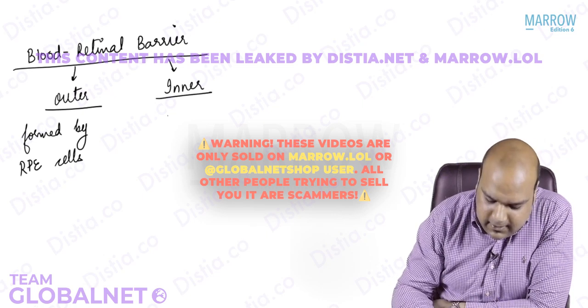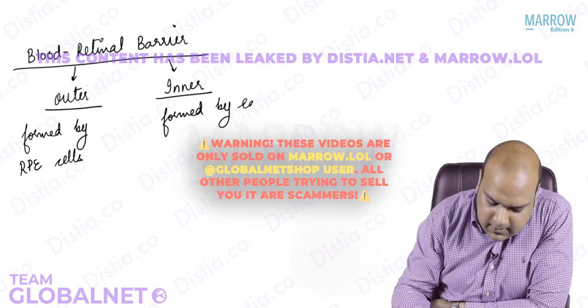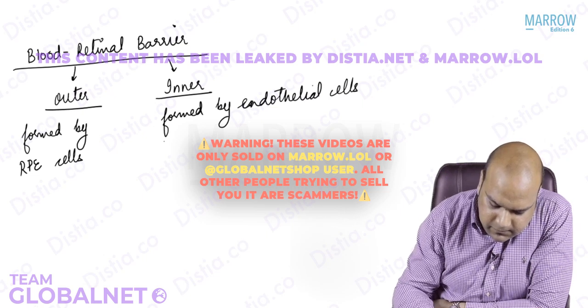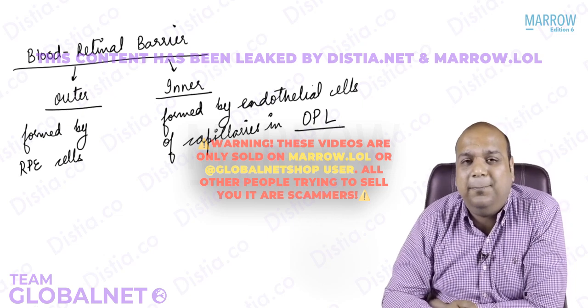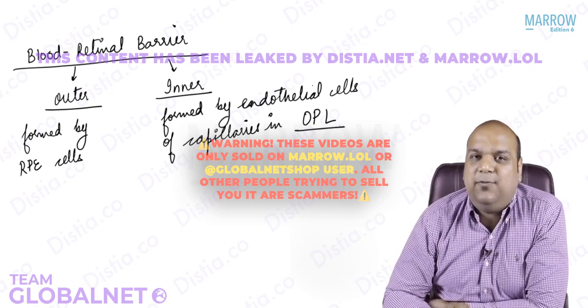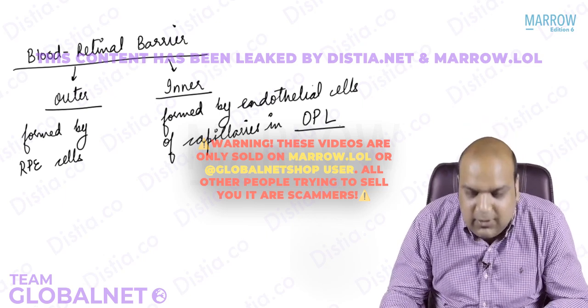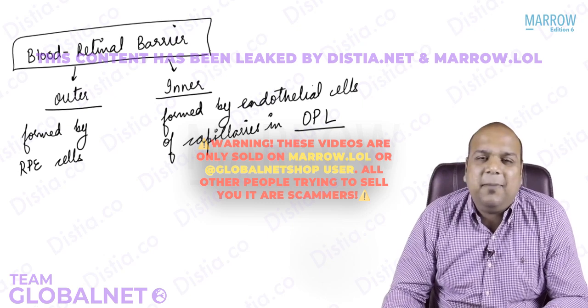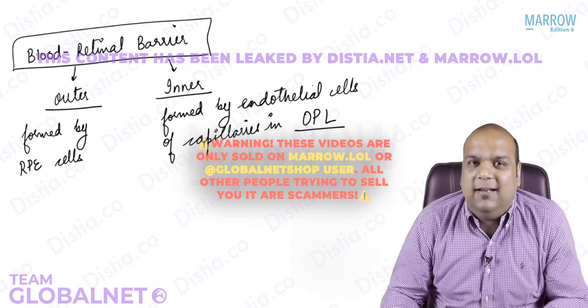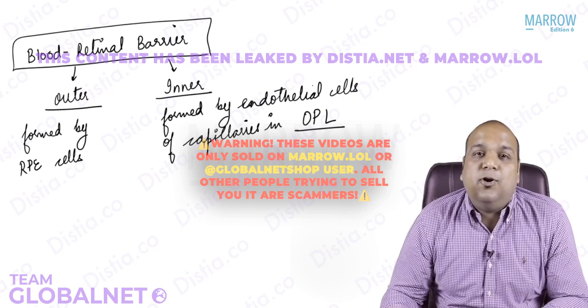The inner blood retinal barrier is formed by endothelial cells of capillaries in the outer plexiform layer, short form OPL, in the outer plexiform layer. I hope we are clear about this, everybody. Simple concept, blood retinal barrier. Just like there is a blood brain barrier, we have a blood retinal barrier. Right, guys?